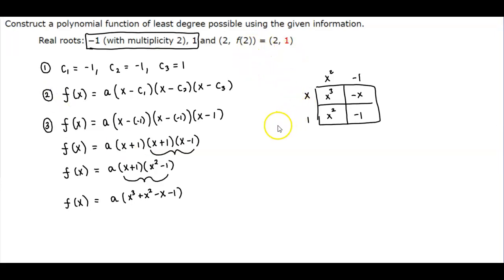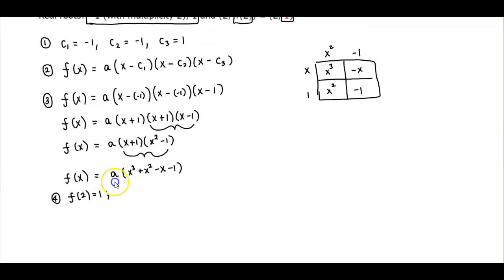Now we want to solve for the value of a, and we have to use the information given above, which tells us that f of 2 is equal to 1. So we need to use the fact that f of 2 equals 1, and plug it into this form to find out what a is.